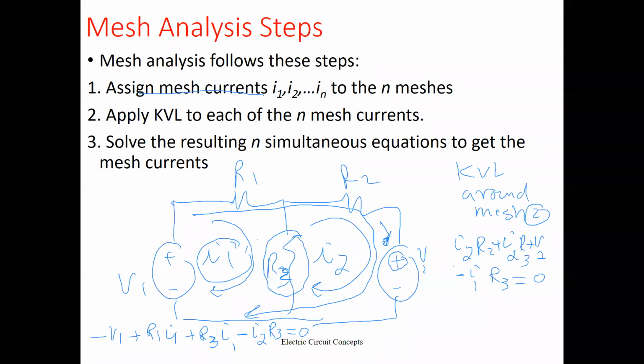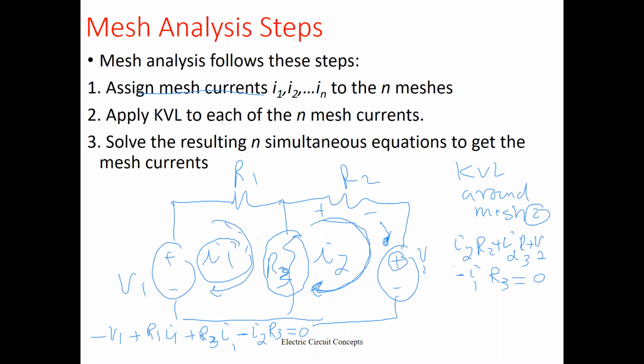Let me redraw the circuit here. So I have a voltage drop created by R2 because of I2, and then I have a voltage drop caused by R3. Always a plus, okay, since I assume the current going in this direction, clockwise, for both I1 and I2.